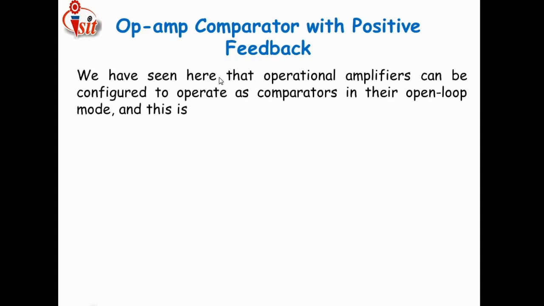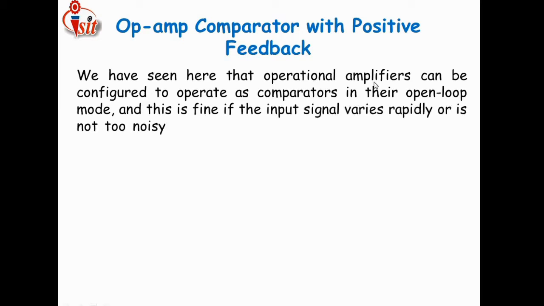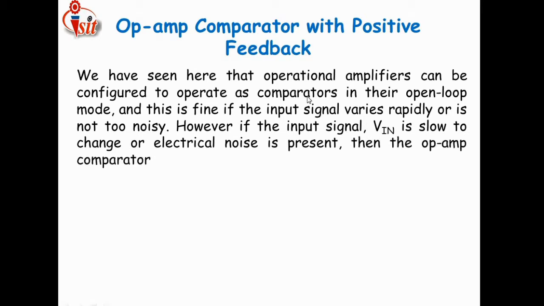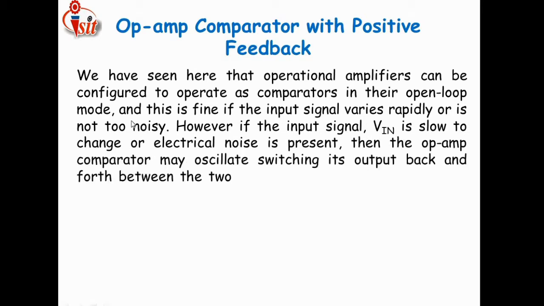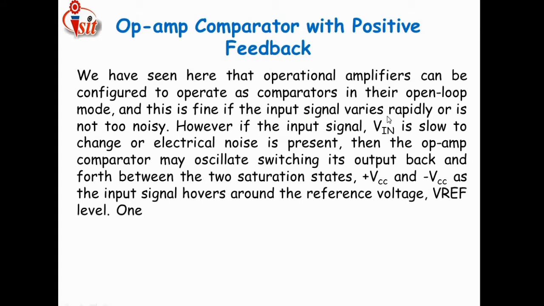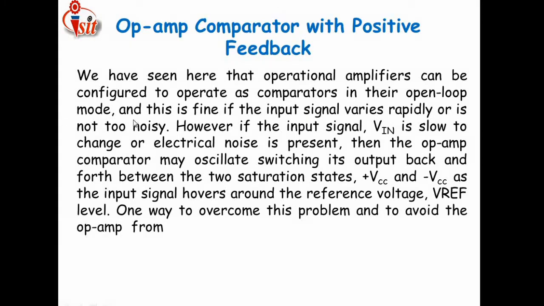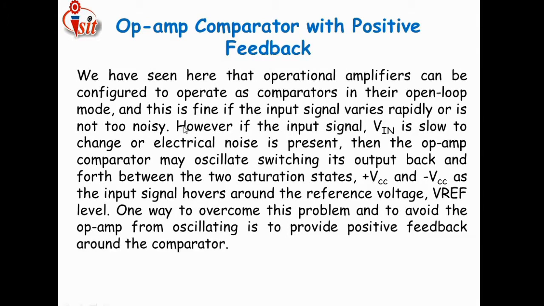We have seen that operational amplifiers can be configured to operate as comparators in their open loop mode, and this is fine if the input signal varies rapidly or is not too noisy.